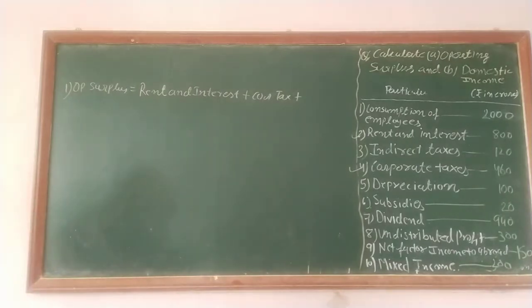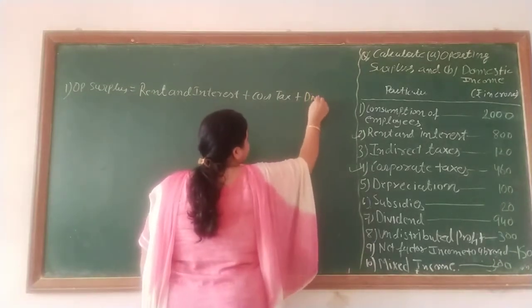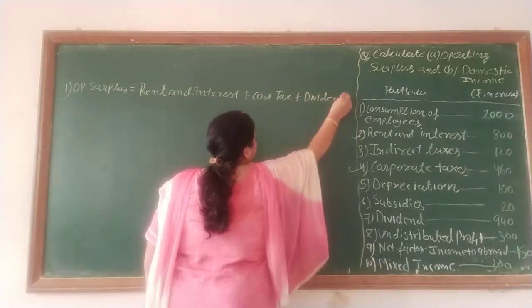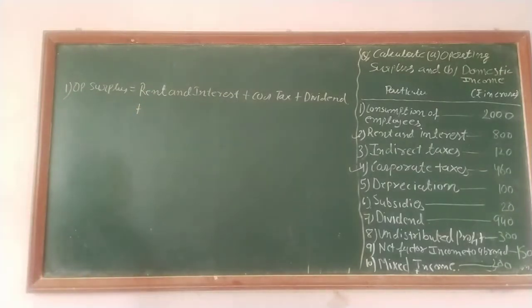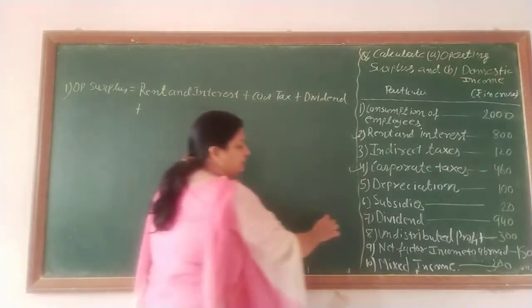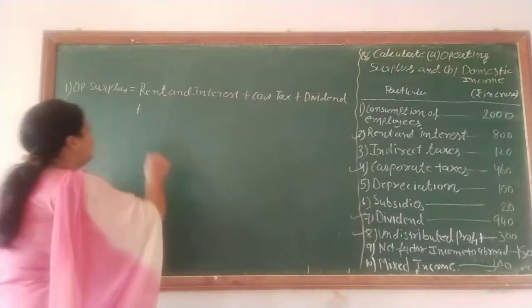Dividend. Dividend is a part of your profit, and profit is also part of your operating surplus. So plus dividend, then plus, after the dividend one more thing is there, that is the undistributed profit, because dividend and all is a part of your profit. So undistributed profit.